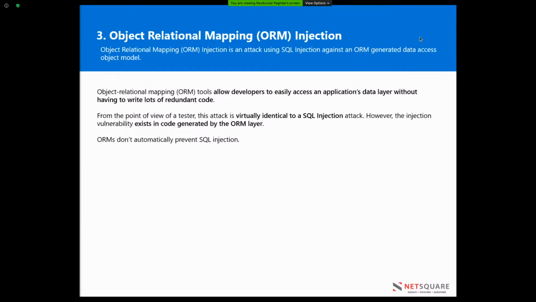So when you put in some payload, the ORM will generate an SQL query and pass it to the RDBMS or database. And third, the ORM does not automatically prevent SQL injection. Keep this in mind.